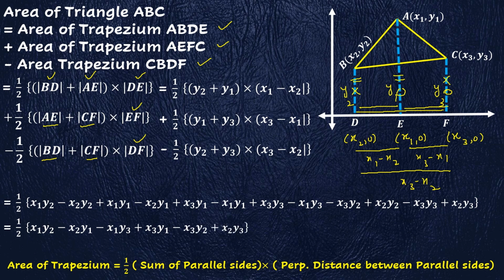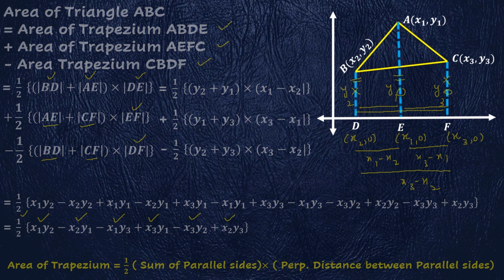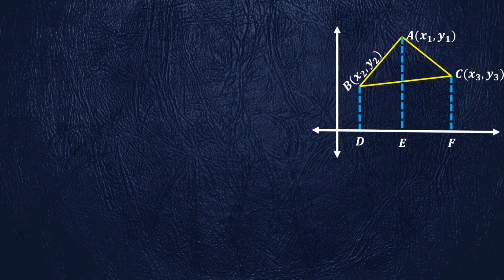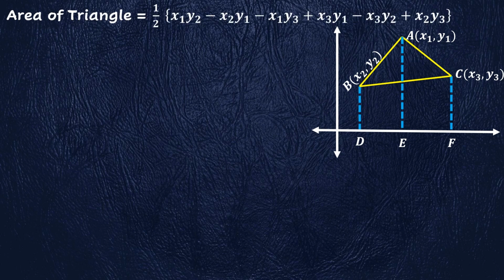This is the area of the triangle, which is equal to 1 by 2 into x1 y2 minus x2 y1 minus x1 y3 plus x3 y1 minus x3 y2 plus x2 y3. So we have shown that the area of the triangle is equal to this expression.